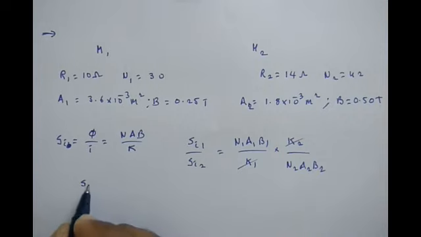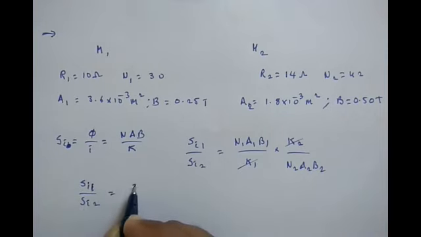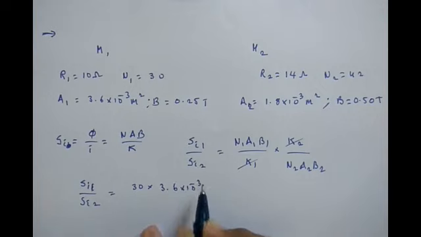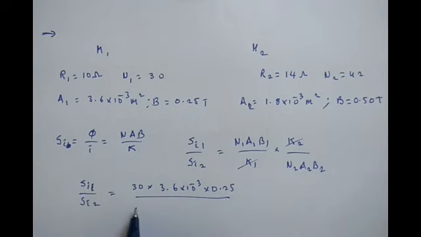Now SI1 by SI2 equals, N1 is 30, A1 is 3.6 into 10 power minus 3, B1 is 0.25, by N2 is 42 into A2 is 1.8 into 10 power minus 3 into B is 0.50.